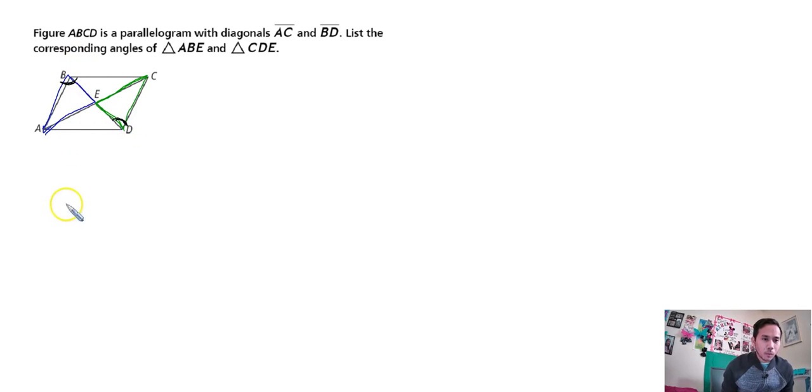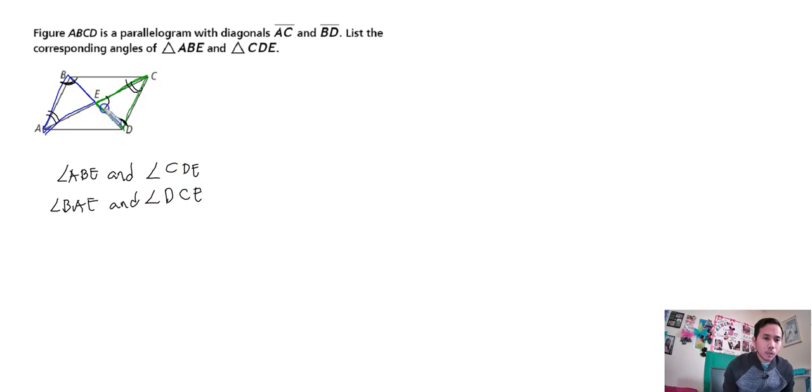Okay, so I can put there angle ABE and angle CDE. Also, we have corresponding angles here, which is angle BAE and angle DCE.